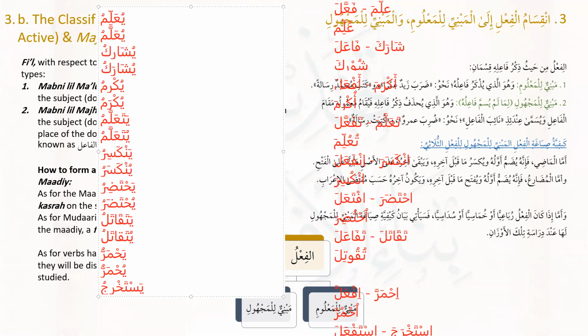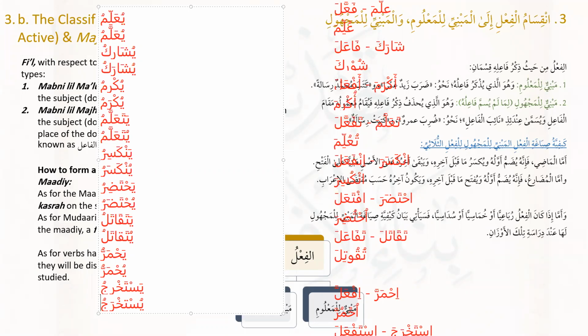And يستخرج, what will be the مبني للمجهول state of يستخرج or form of يستخرج? يستخرج. إذن the principle remains intact for most of the ماضي and مضارع, except for the ماضي of تعلم and انكسر and احتضر and تقاتل.